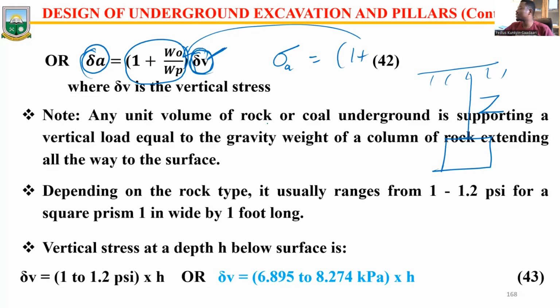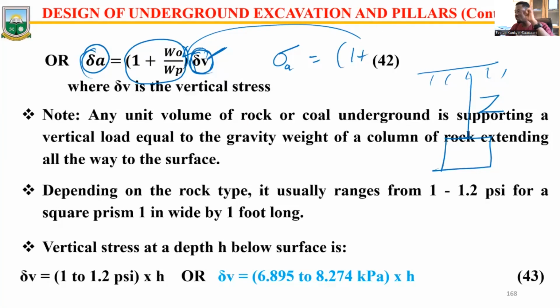So any unit weight of rock or coal underground is supporting a vertical load equal to the gravity weight of the column of rock extending all the way to the surface, which is why the vertical component is there.